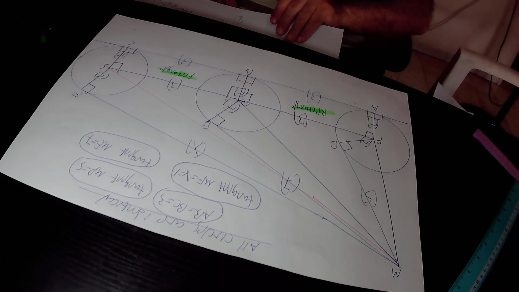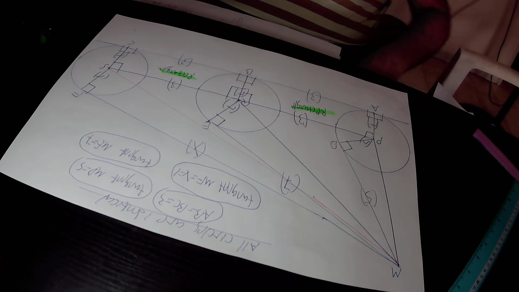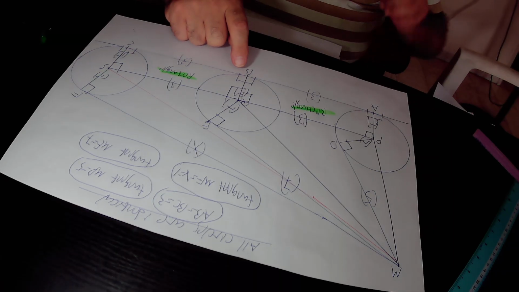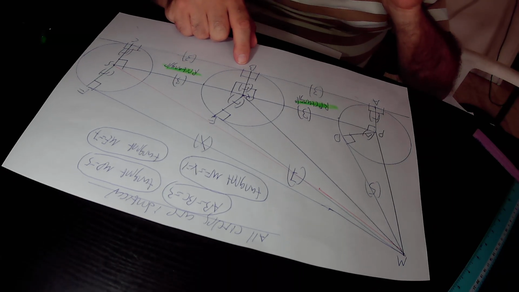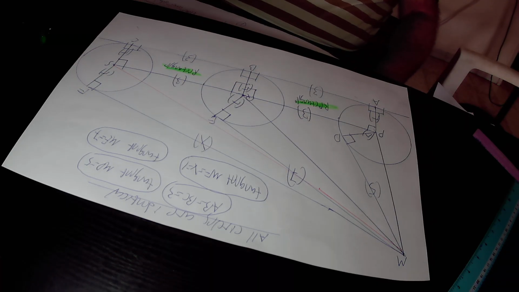We repeat the same process on this middle circle. We join points Q and E by a straight line.